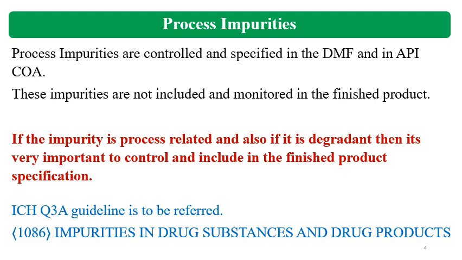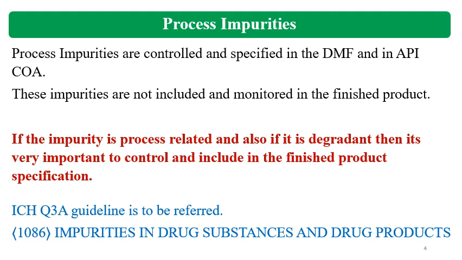And if the impurity is process related, and if it is also getting increased because of degradation, then it is very important to control that impurity and include that impurity in the finished product specification. All the degradant impurities are required to be included in the finished product specification.